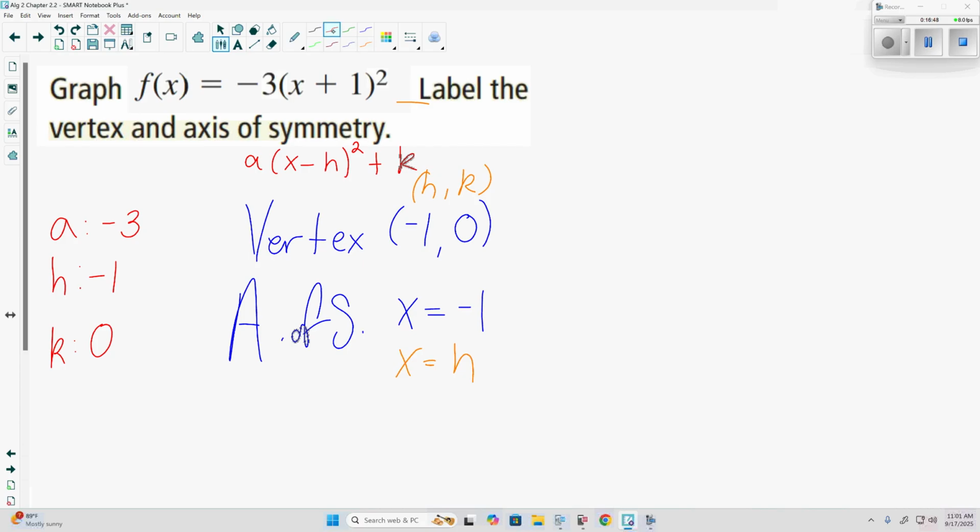For the ones we're looking at, it's y equals a times x minus h squared plus k. We do have x equals. We do have parabolas that open to the left or to the right. So especially with axis of symmetry, we've got to distinguish between our y equals and x equals. So axis of symmetry, we do need the x equals or y equals when we get to it. Does that make sense?